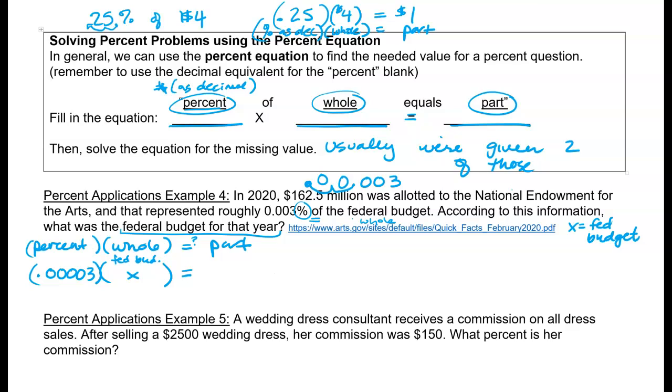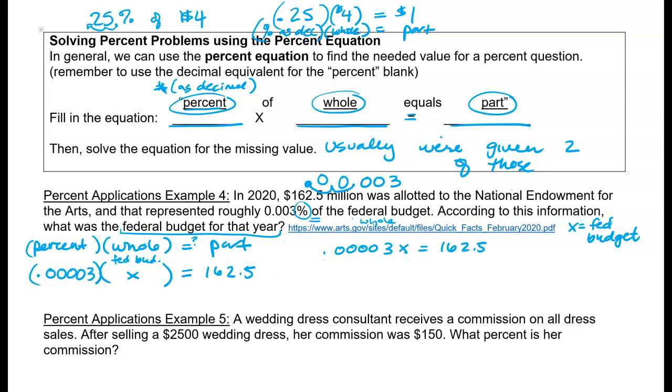Well, what is the smaller part of the federal budget? It's that 162.5 million, just a part of the budget that's allotted to the National Endowment for the Arts. And so I have this equation now: 0.00003 times X equals 162.5, and now I can solve for X.